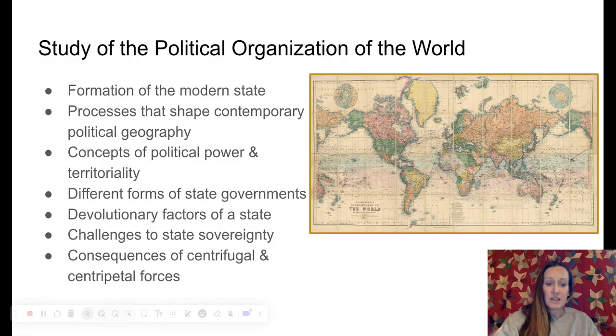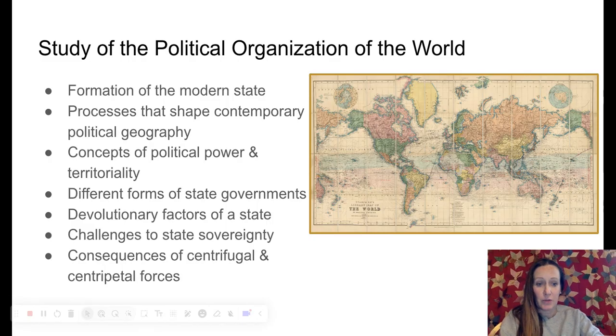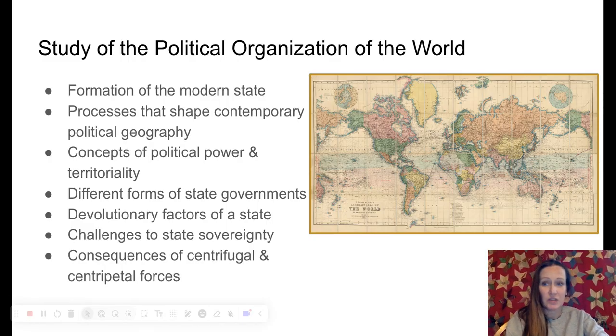So why are the maps so different? Why are the independent states so different? We're going to learn about the formation of the modern state, states the way they look today, the processes that shape contemporary political geography. What makes a state now that a few hundred years ago may not have been a contributing factor.